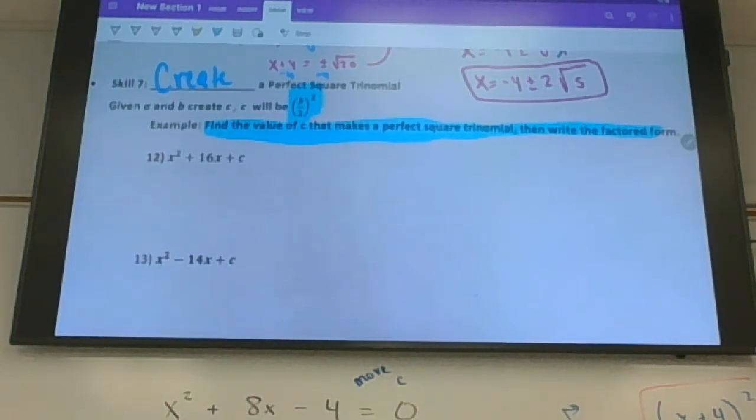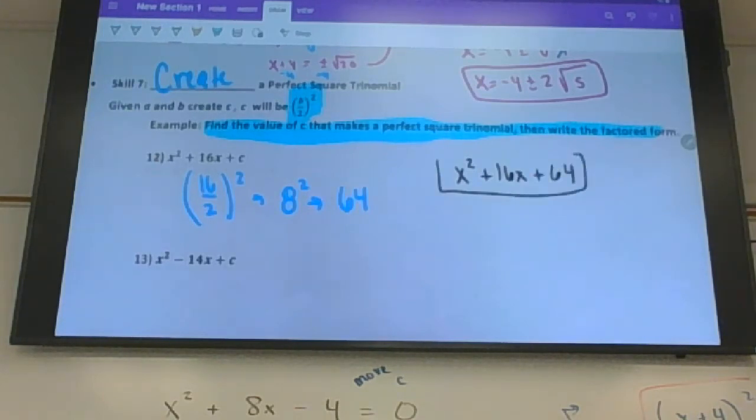Jackson? 64. So I want this trinomial here. 64 is the best number to put in the C spot. What's the best number to put in the C spot in 13, Alexis?